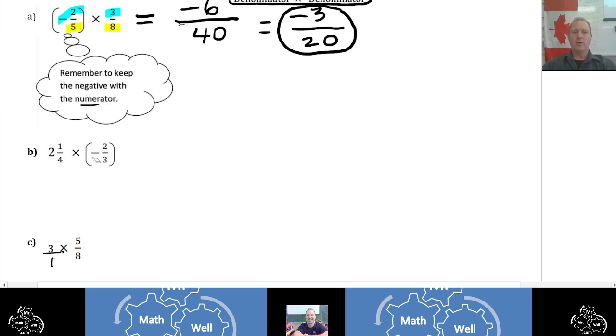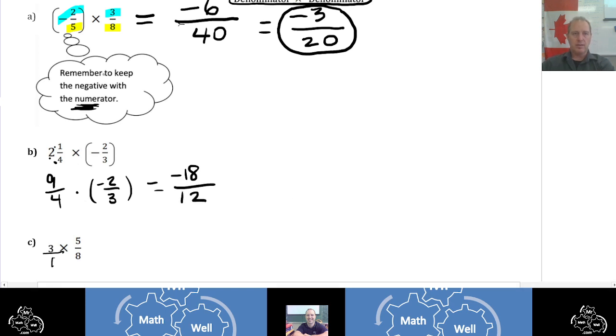But what you want to do is change it to an improper fraction first. And so we do 4 times 2 plus 1 is 9 over 4 times negative 2 over 3, and I'll attach that negative to the top, like in the hint there. So 9 times negative 2 is negative 18. And 4 times 3 is 12.